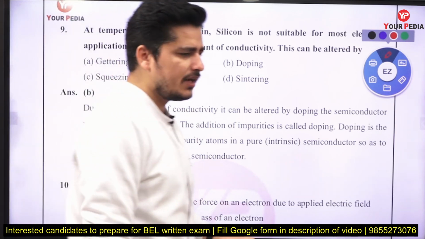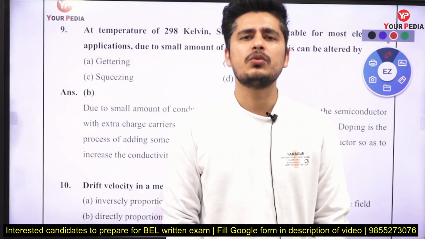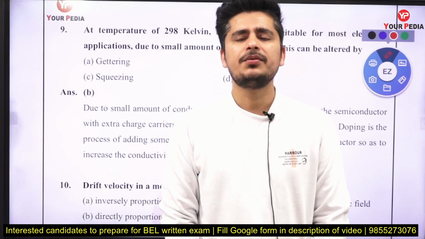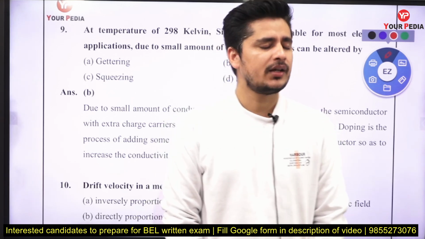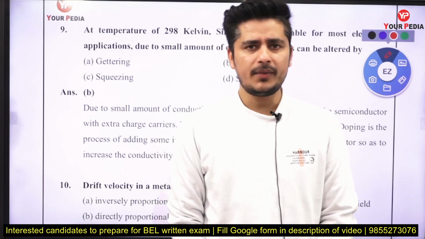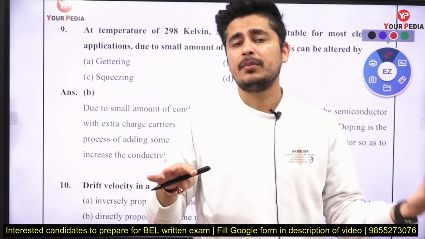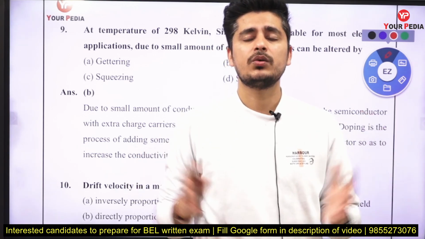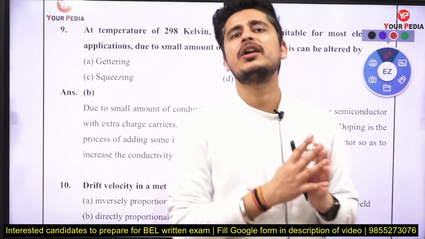We are currently using all the electronics devices at room temperature, right? There is no doping and everything, you have a pure silicon, its conductivity is very low, because as you know, as you increase the temperature, charge carriers are generated, but those charge carriers are not sufficient to produce a sufficient amount of current.